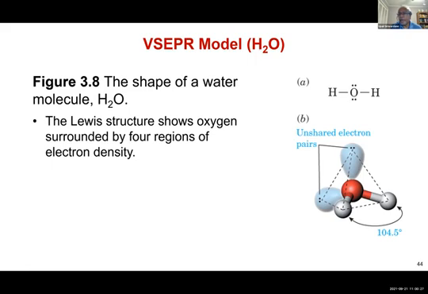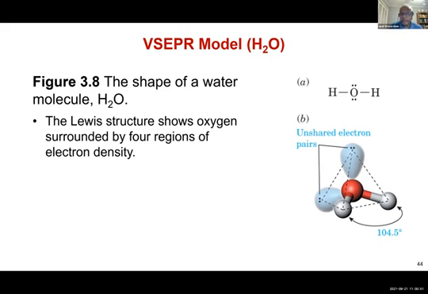So the shape is angular. It deviates from 109; the angle between hydrogen and oxygen is not 109. There are 2 lone pairs of electrons pushing the bonding electron pairs more than in ammonia. Ammonia is 107 with 1 lone pair.